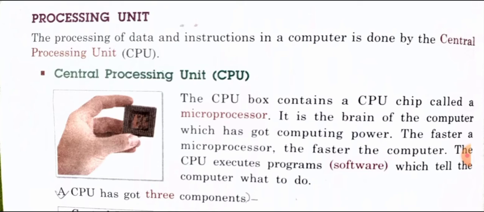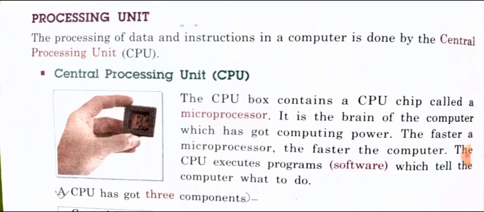The CPU executes programs which tell the computer what to do. That means the central processing unit is the main part of the computer. Many other parts are connected to the CPU through wires and cables. The actual process is done within this unit only. That is why it is called the brain of the computer.